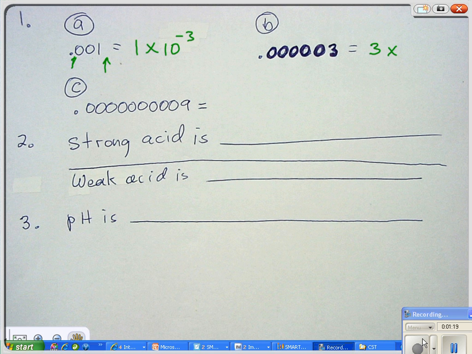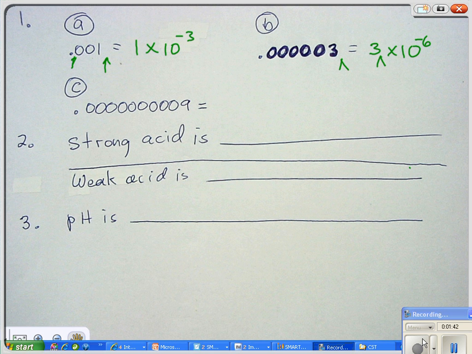Now, if I move the decimal to here, how many do I have to make my power of 10 to get it back where it was originally? 6. Okay, and that's a minus because we're going to the left to take it back. So we start with the decimal here now, and we move it back 6 to the left.